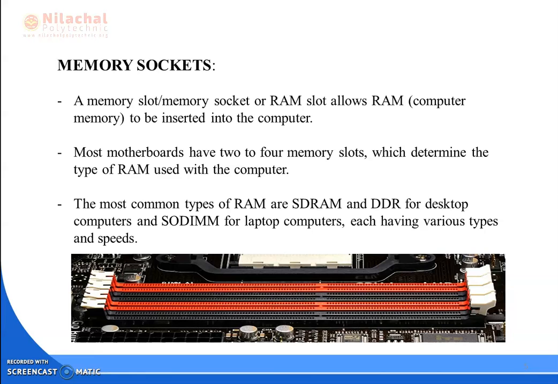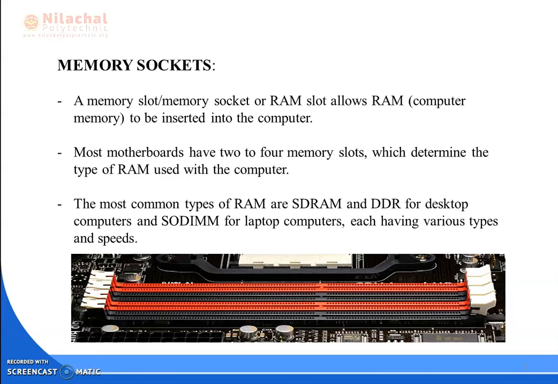Most motherboards have 4 memory slots which determine the type of RAM used in the computer. So we have DDR1 RAM, DDR2 RAM, DDR3, these are the RAM types of different processors, and basically this defines the upgradation of RAM inserted on the motherboard.